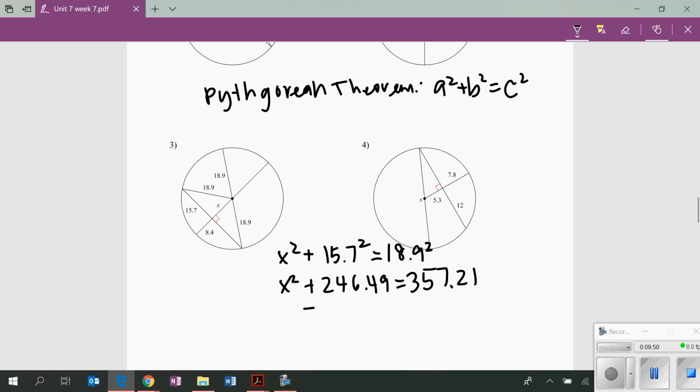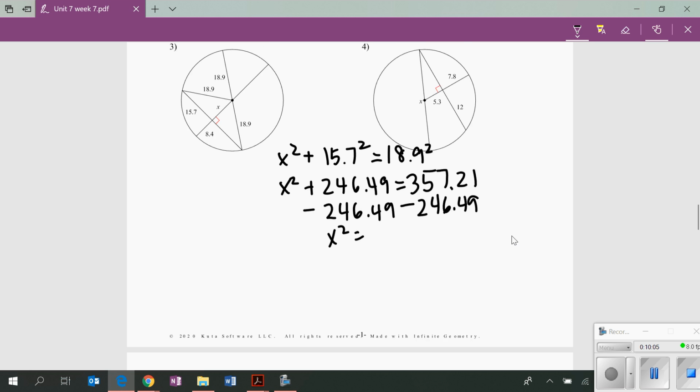So now I'm just going to subtract out my 246.49, and x squared is going to equal 110.72. Okay.